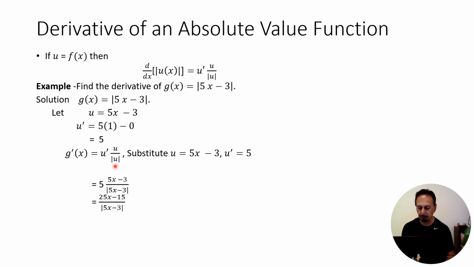So u prime changes to 5, u becomes 5x minus 3, and the absolute value of u also changes to the absolute value of 5x minus 3. Now we can multiply 5 with 5x minus 3. So 5 times 5x is 25x, minus 5 times 3 is 15. So g prime of x of this function is equal to 25x minus 15 over the absolute value of 5x minus 3.